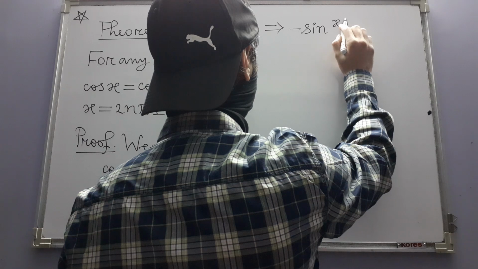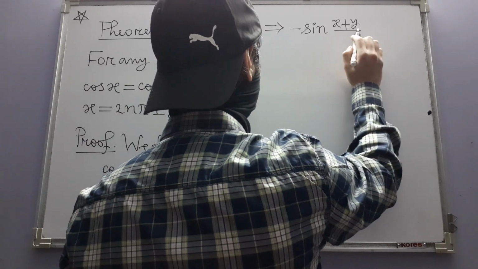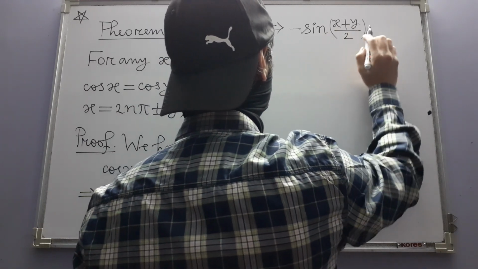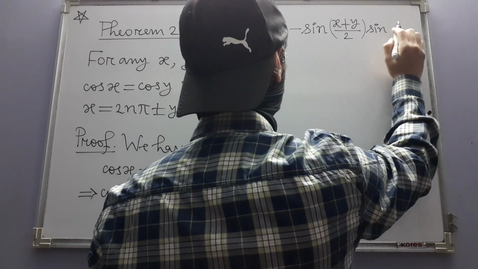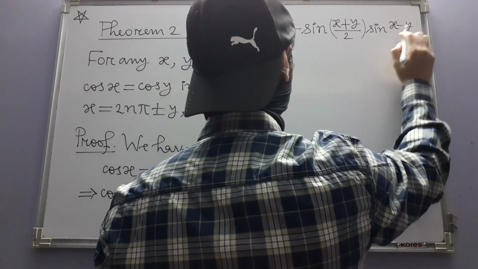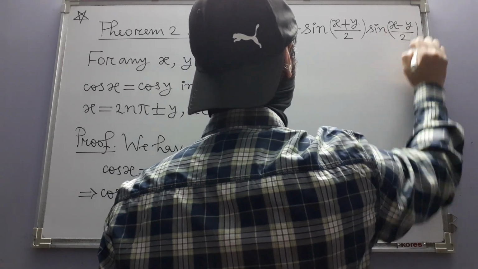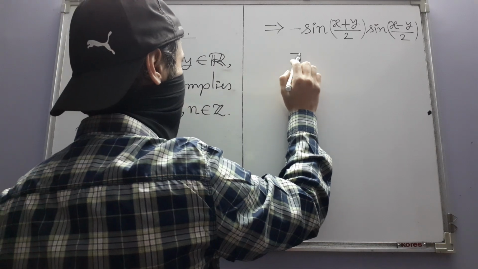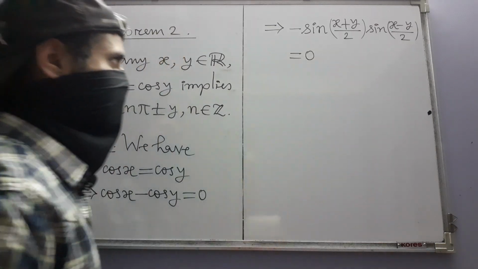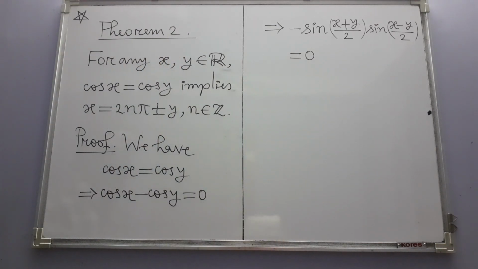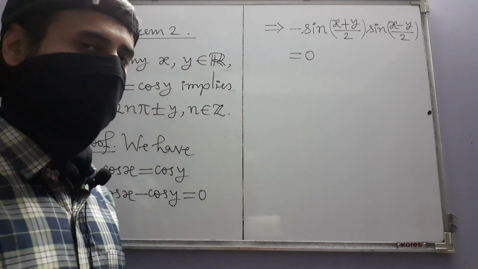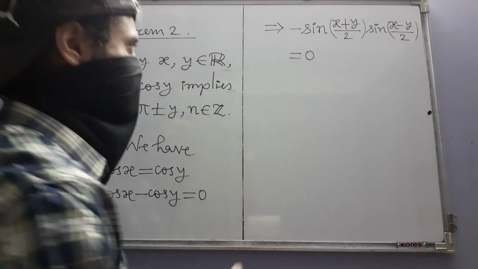sine of x plus y divided by 2 times sine of x minus y divided by 2, that is equal to 0. So either sine x plus y over 2 is 0 or sine x minus y over 2 is 0 or both are 0.